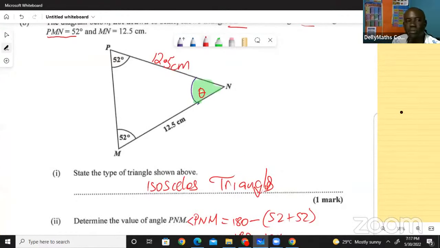I'm going to put it in my triangle though. I want to label that triangle properly so that the next thing that I'm about to do might appear simpler. 76 degrees, that's right there. So having had those, we're ready to go.